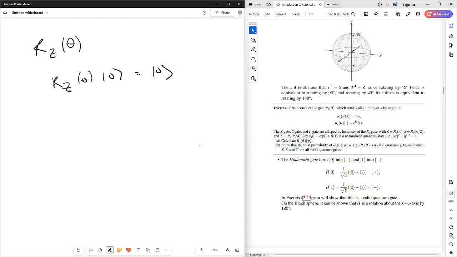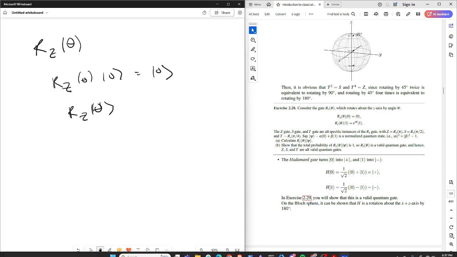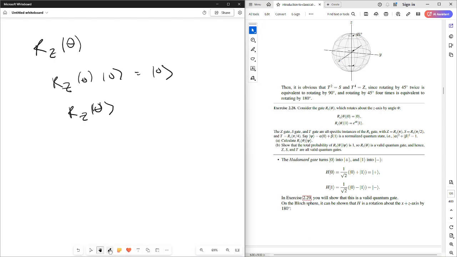Obviously it's going to leave 0 as 0, and then theta of 1 equals e to the i theta times 1. So there's this phase, right? It's applying a phase there.